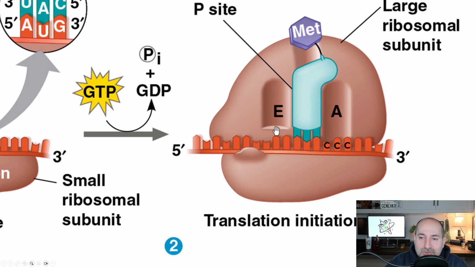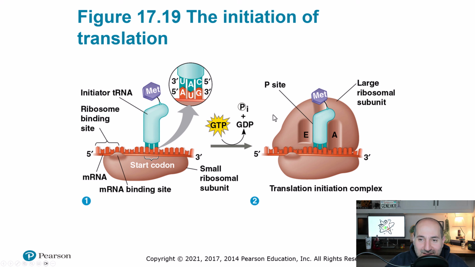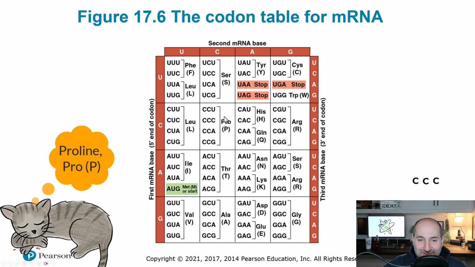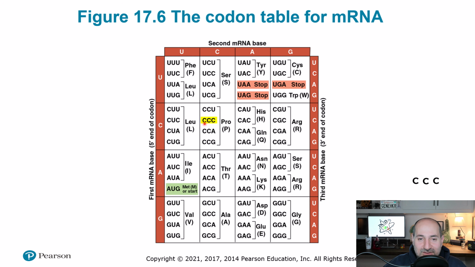And let me quiz you. Which amino acid would it bring along? If the codon is C, C, C, and the anticodon is G, G, G, which amino acid should that tRNA bring with it? That's right. Proline. Check it out. Proline's codon is C, C, C. C, C, C corresponds to proline.